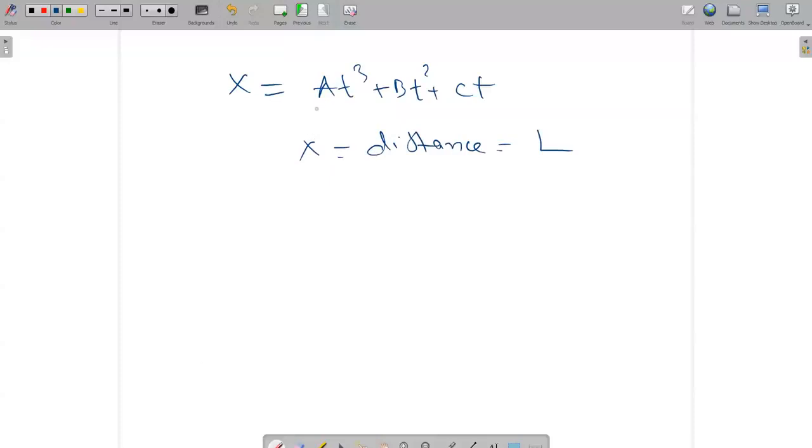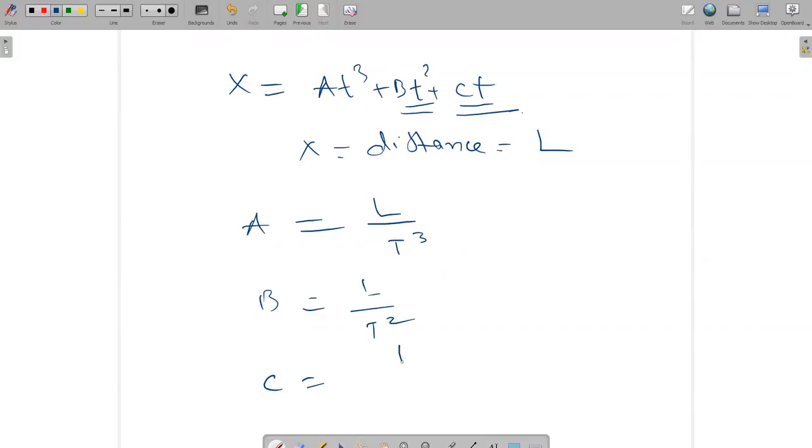To make it L, we will do L over T cubed. To make it L, L over T squared. To make it L, C is equal to L over T. So the dimension of A is LT to the minus 3. Dimension of B is this one. Dimension of C is this one.